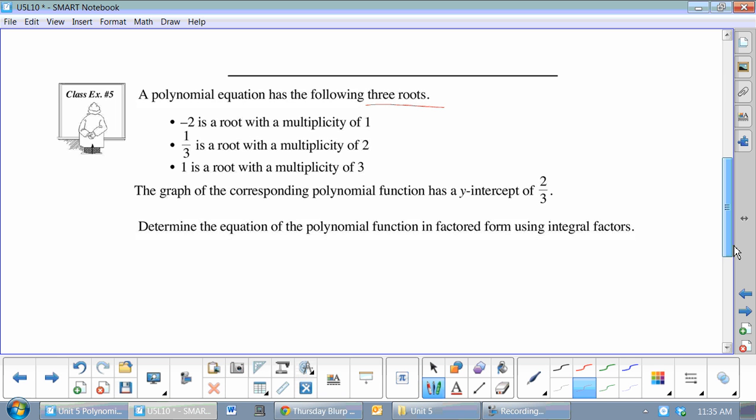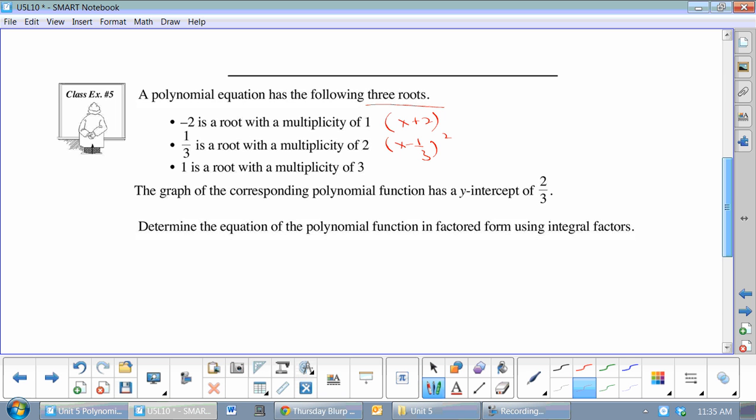What would it be? x plus 2. Okay? 1/3 is a root of multiplicity 2. That would be? Who has any idea what that would be? Yeah, it would be x minus 1/3 squared, right?